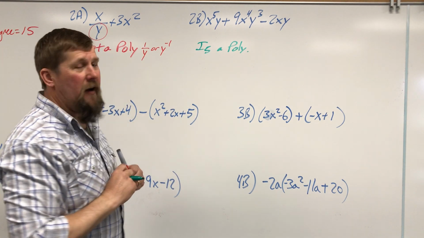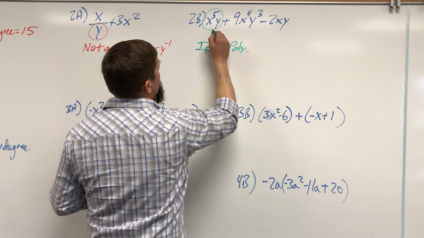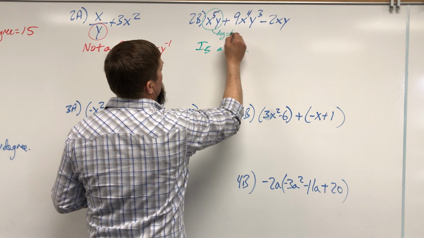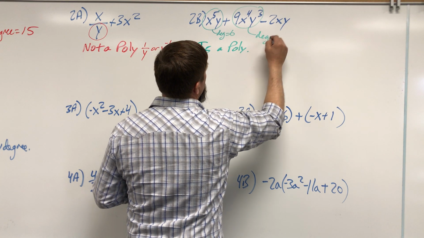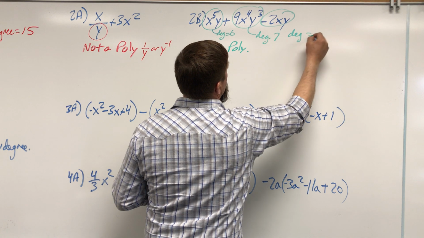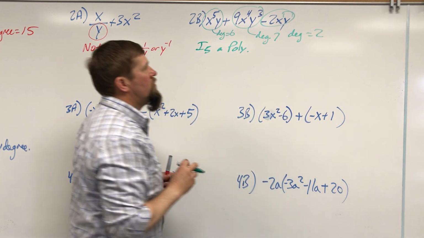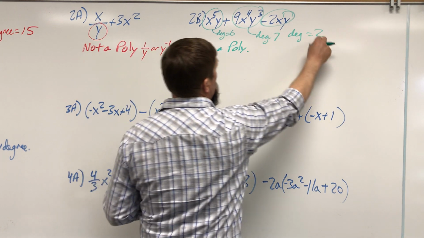And it says find the degree. Well, when I look at the degree of this one, the degree equals 6. This one, the degree is 7. This one, the degree is 2, because each one has one exponent. So you add those up, you get 2.